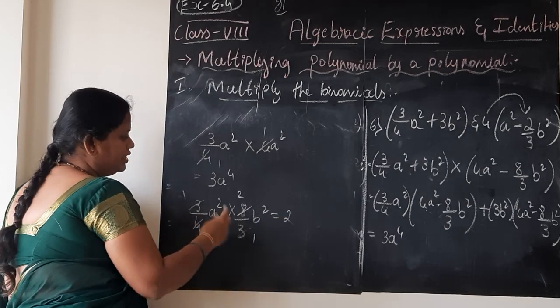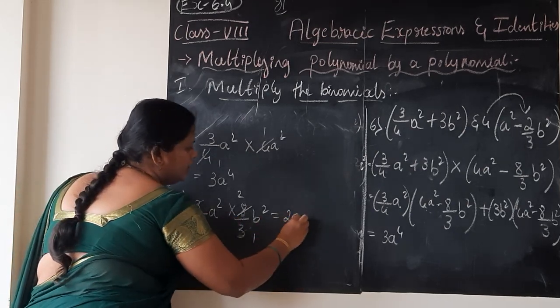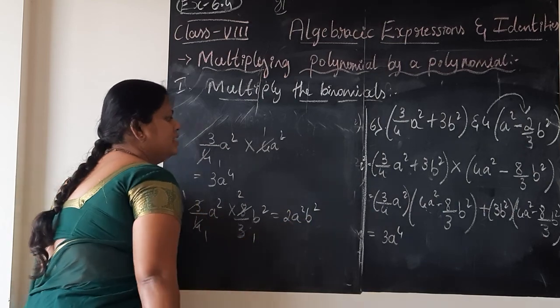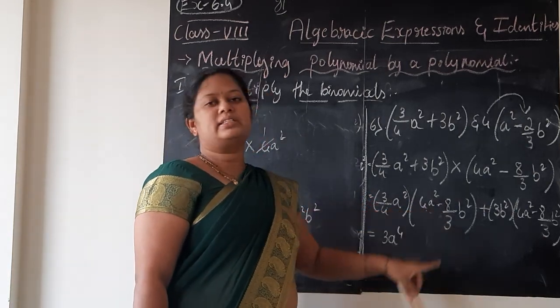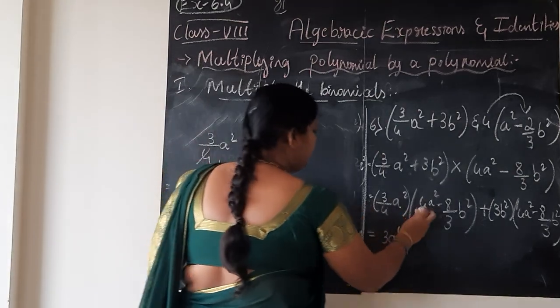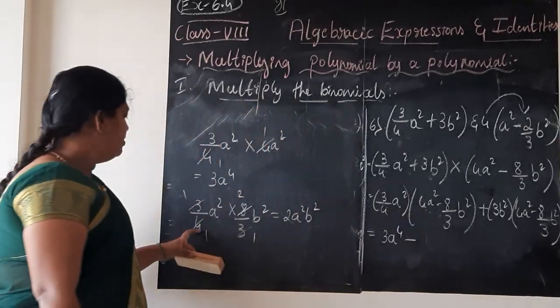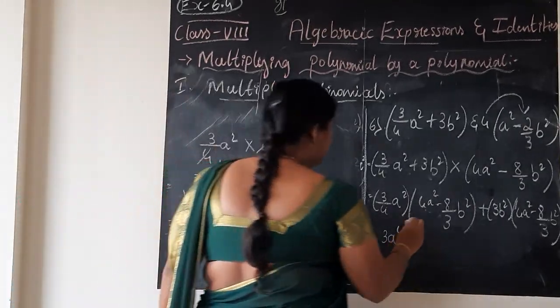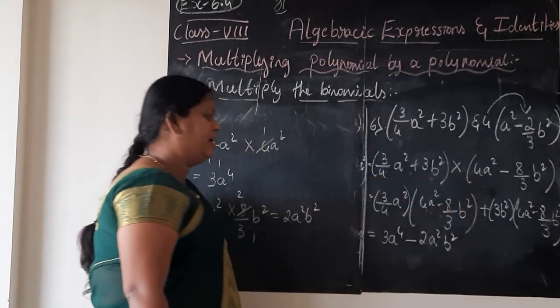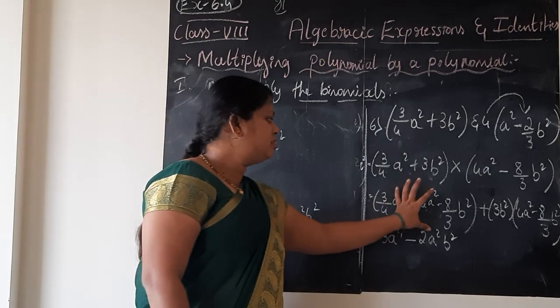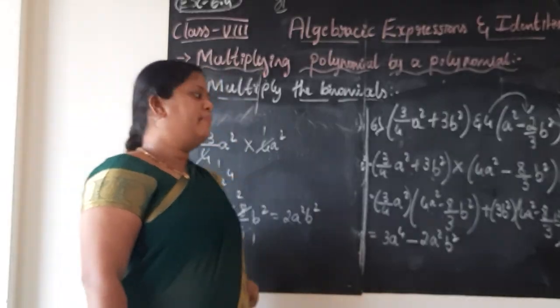Here both are 1, so you can leave a square into b square as it is. But look here, plus (3/4)a square into minus (8/3)b square. So plus into minus is minus. (3/4)a square into (8/3)b square is 2a square b square. So this is multiplying the first term monomial with the binomial.